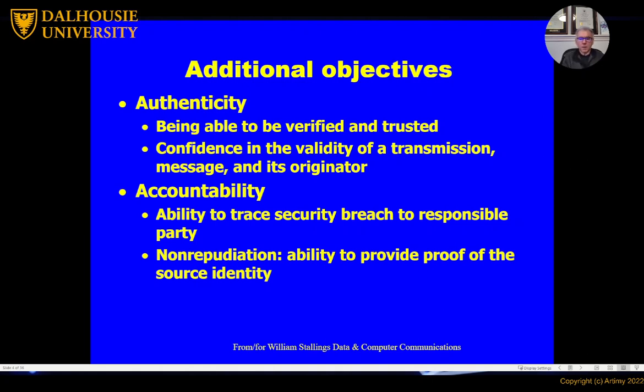Accountability also has another aspect, which is non-repudiation.